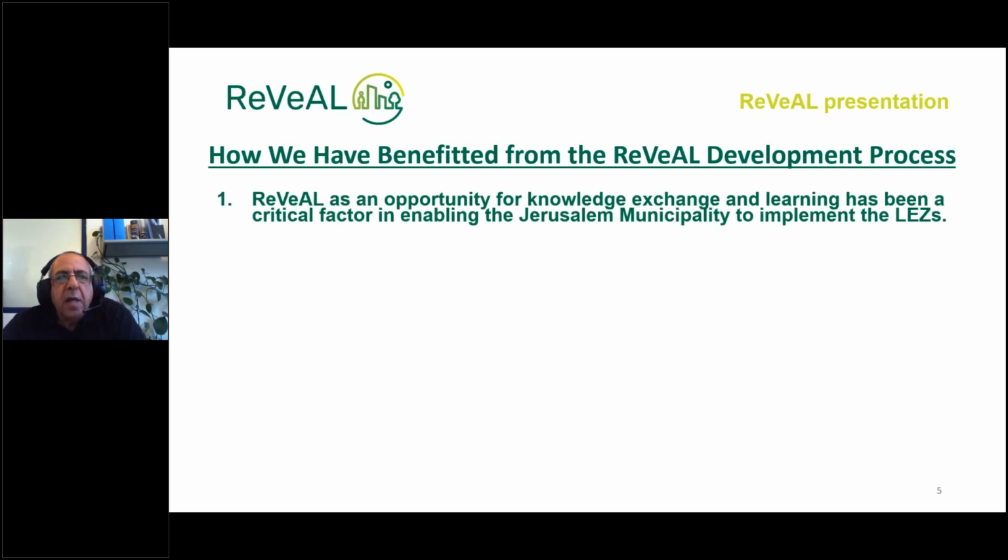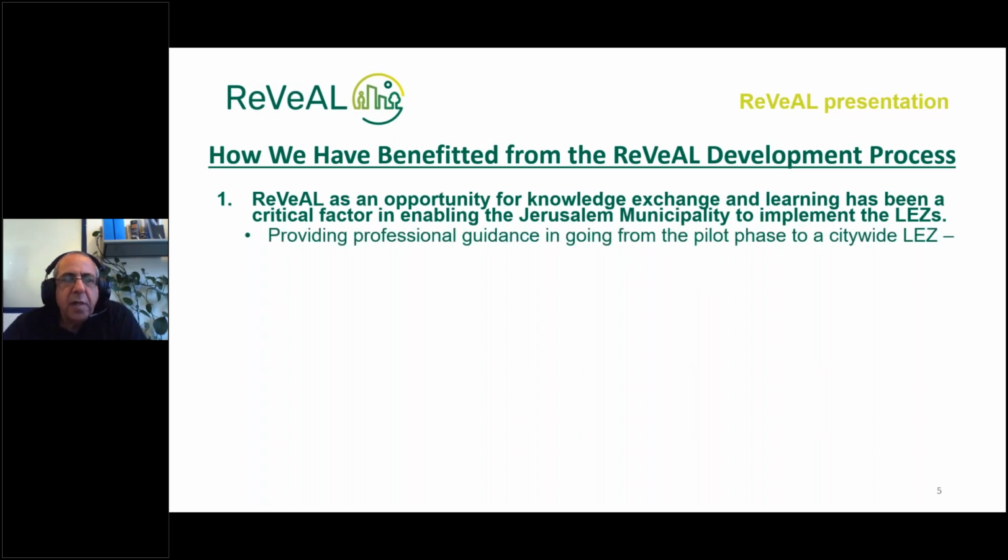How we have benefited from the ReVeAL development process. ReVeAL as an opportunity for knowledge exchange and learning has been a critical factor in enabling the Jerusalem municipality to implement the low emission zones.